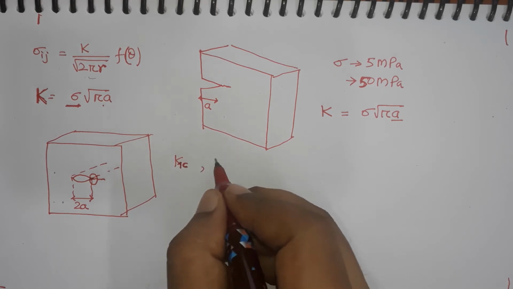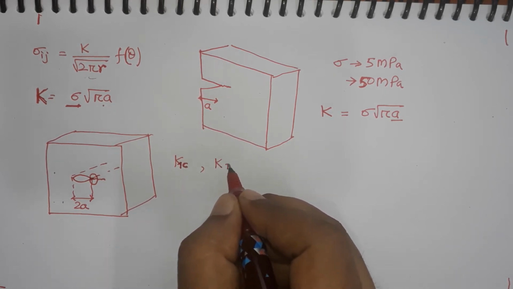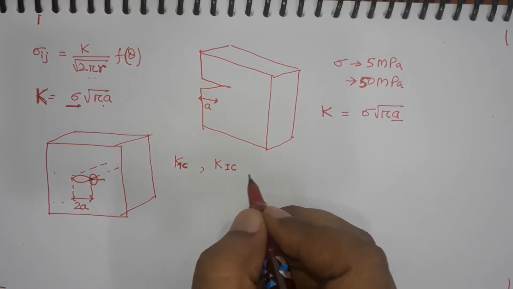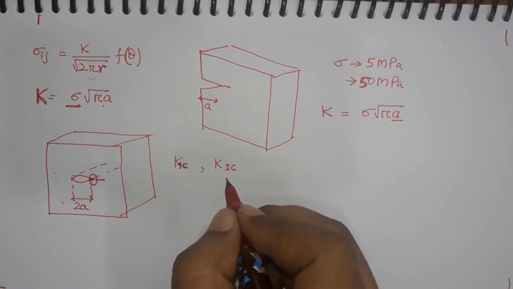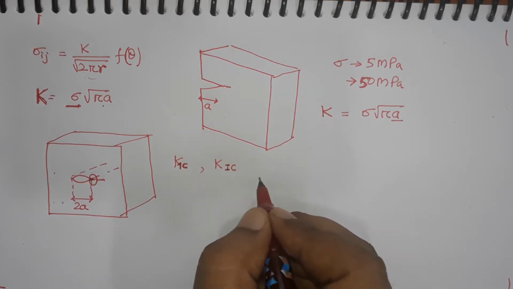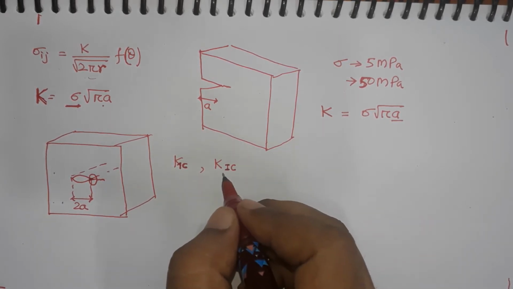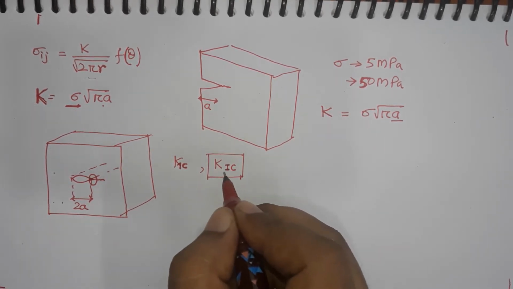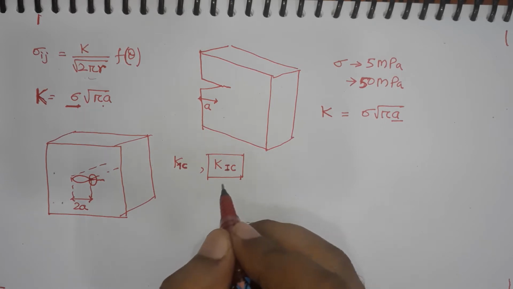This 1 sometimes is denoted as a Roman numeral, and it may look like KIC, but it is K1C and it should never be pronounced as KIC. So, this symbol resembles the fracture toughness or the critical value of stress intensity factor.